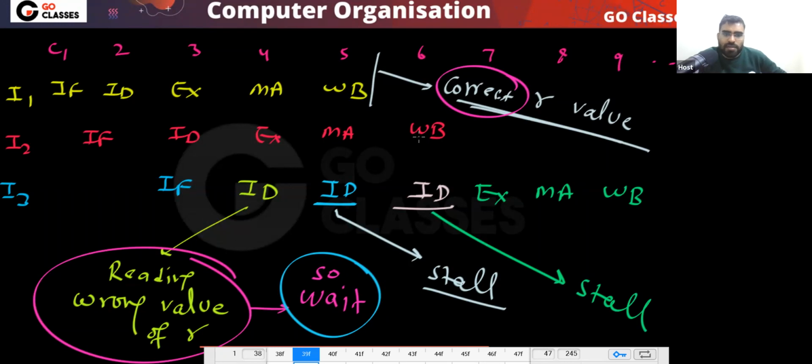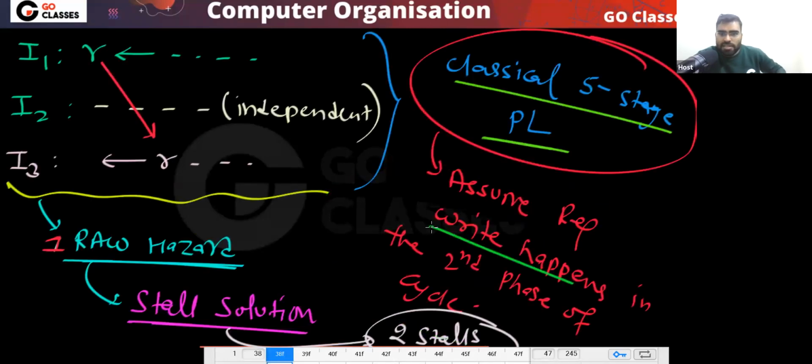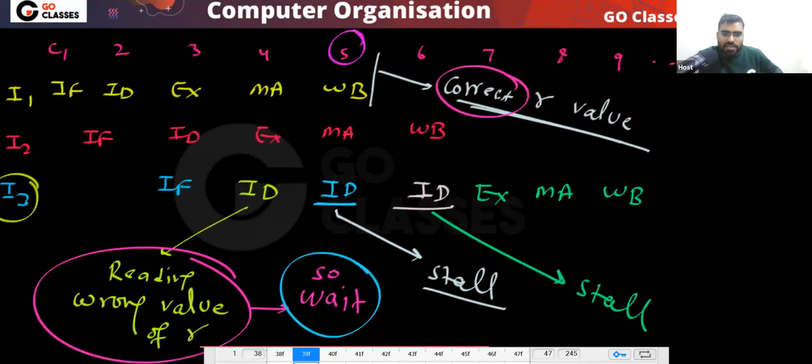Okay. Very simple. See, Arnab, second stall, because tell me, in cycle 5, can I3 read the correct value? Very simple. It is given in the question that register write will happen in the second half and read will happen in the first half.